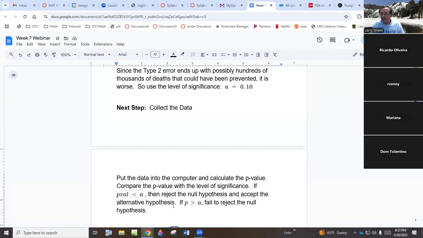Any questions on that idea? Okay, so if p is greater than alpha, you fail to reject the null hypothesis.